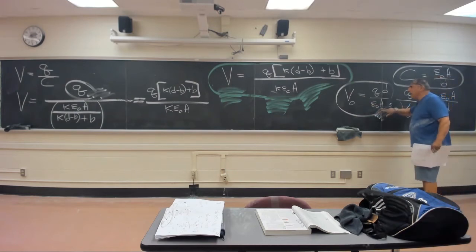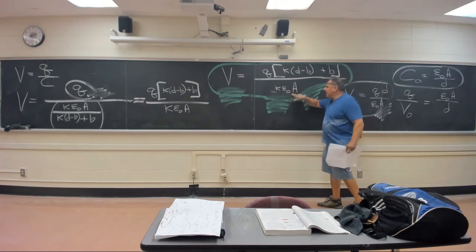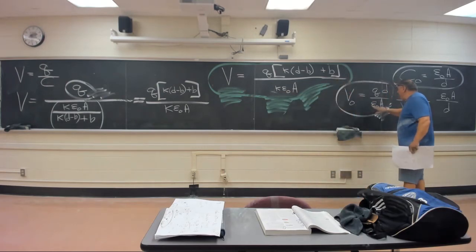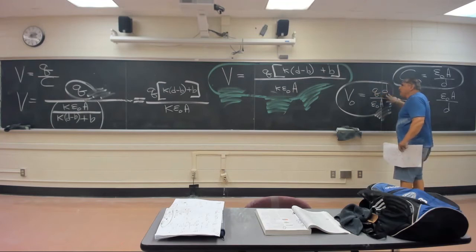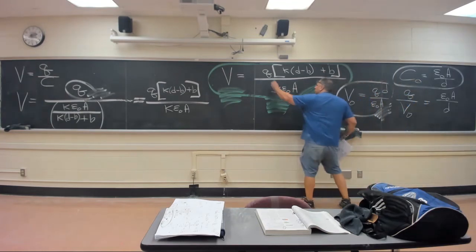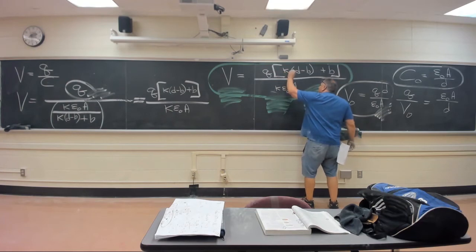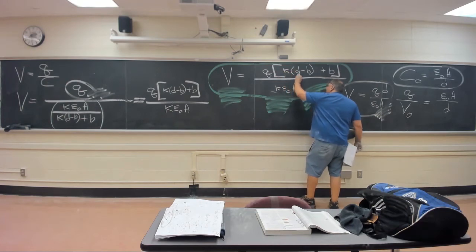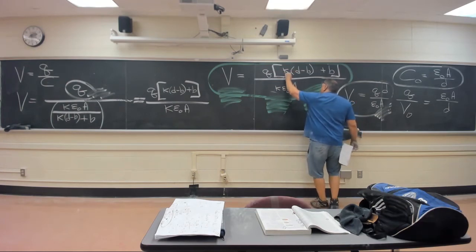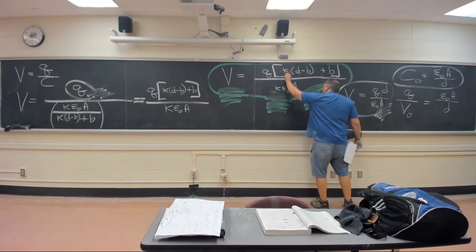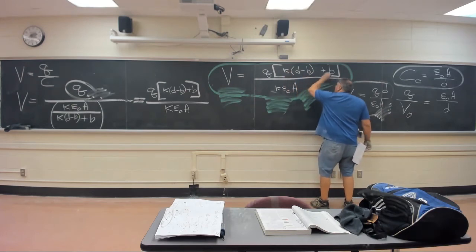Kappa epsilon naught A. Put a kappa here. Q over kappa D, minus a number bigger than 1 times B, plus B.